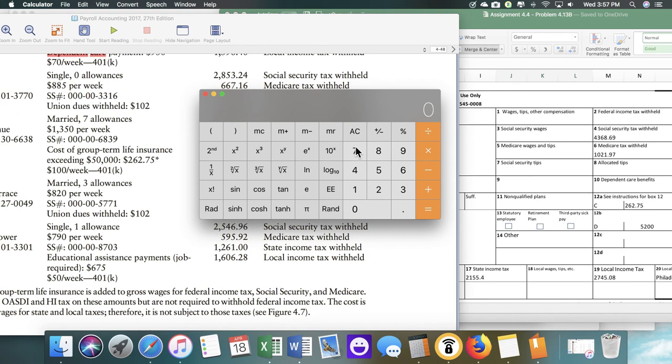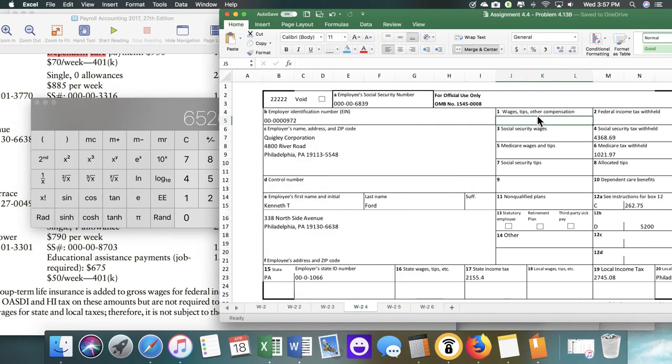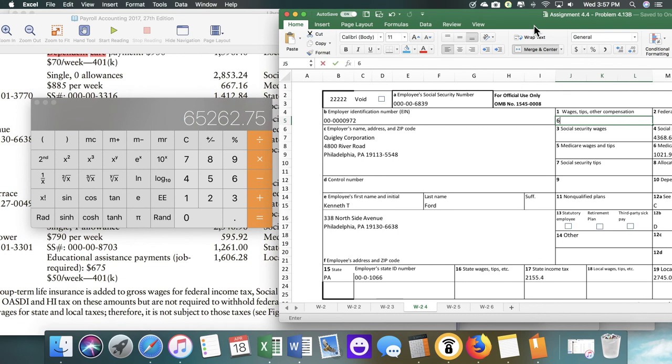So we have the $1,350 times 52 minus $5,200 gives us $65,000, and we have to add in the $262.75. That gives us, for the federal income tax, $65,262.75.